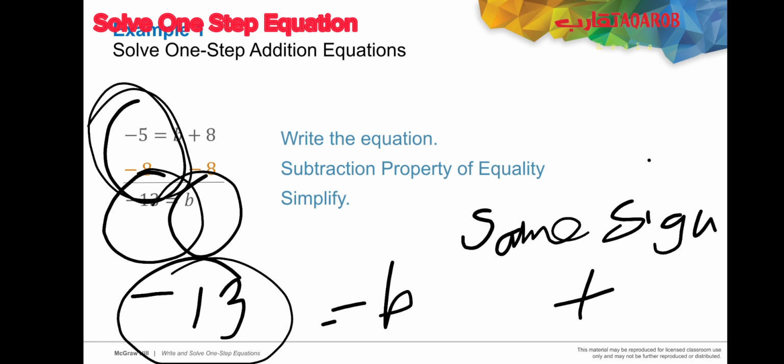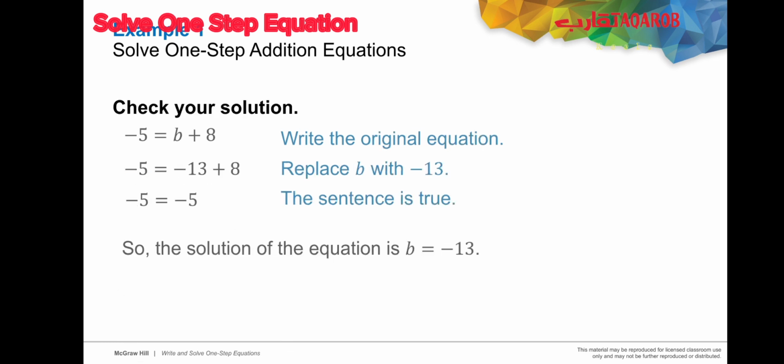Yes. Now, to make sure that our solution is correct, I always need to check. How can we check? By replacing the variable by its value. I can replace b by -13. Then I ask myself, does the left side equal the right side?